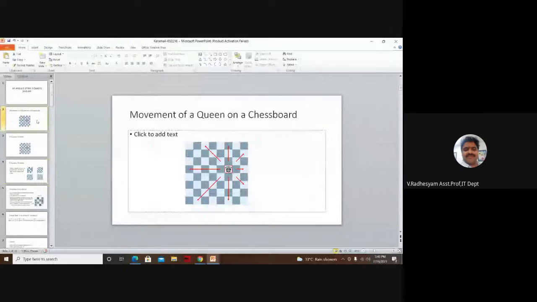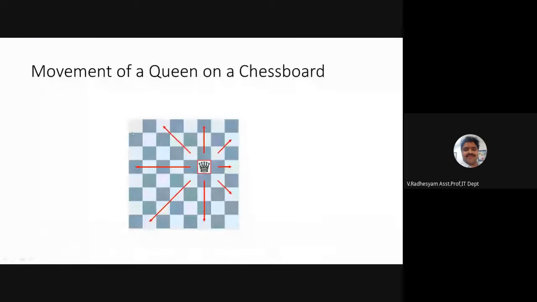Whereas if 8 by 8 is concerned, this is an 8 by 8 chessboard. There will be 8 queens given for us. Suppose any queen is placed in this particular cell, you should not place any queen in this particular row or a particular column or a particular diagonal, both the diagonals.